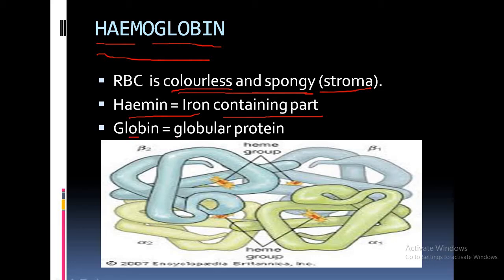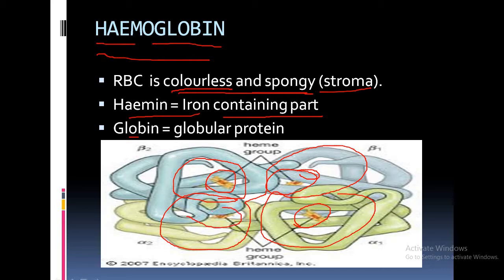This whole structure is globular protein, but inside it a small heme group is present over here, that is the iron containing pigment part, and due to the presence of the iron containing pigment part, it appears red in color.